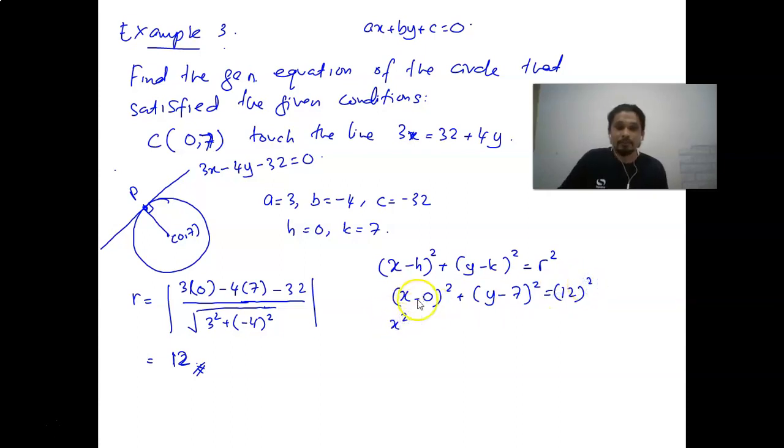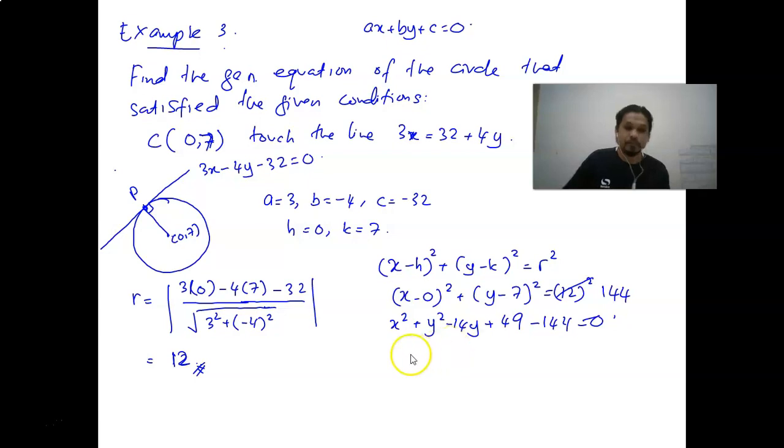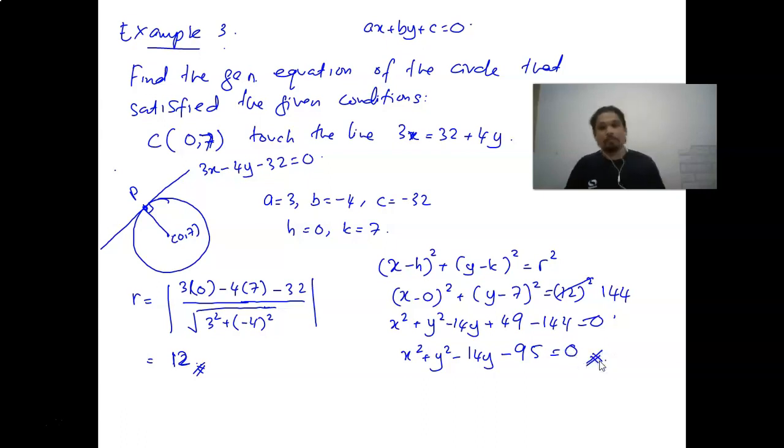So then x square plus y square minus 14y plus 49, and 12 square is 144. Bring this to the left side, minus 144 equal to 0. Then you get x square plus y square minus 14y minus 95 equal to 0.